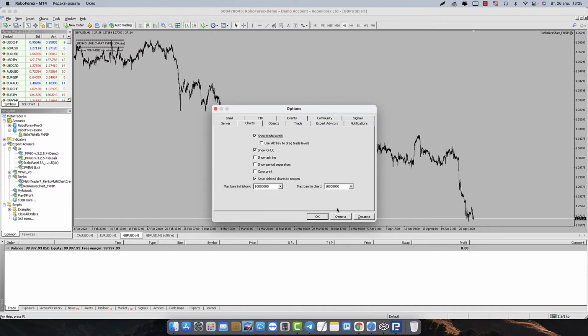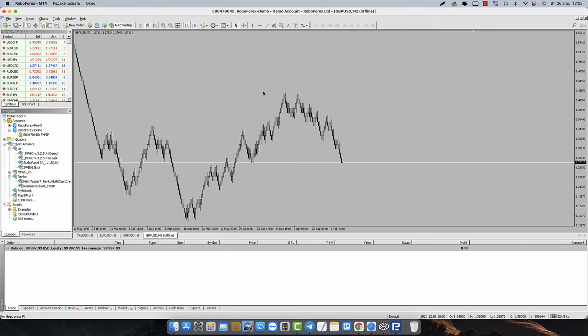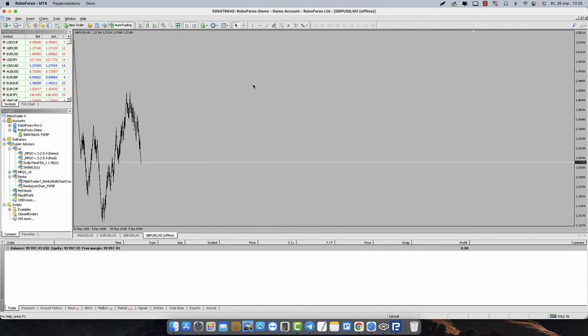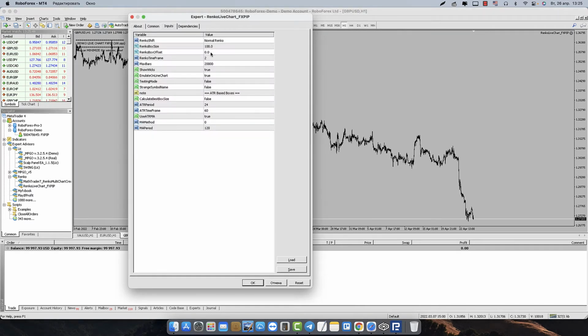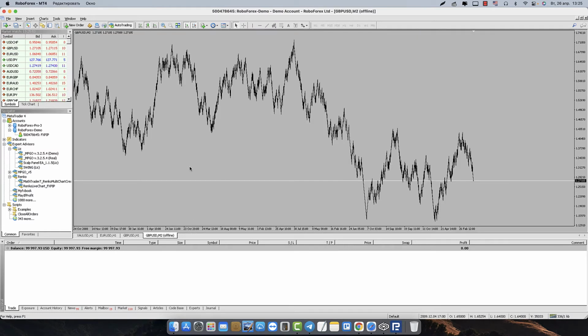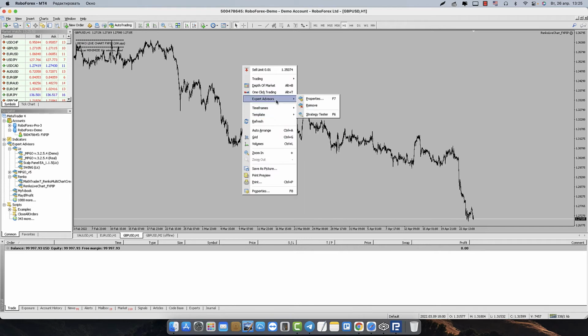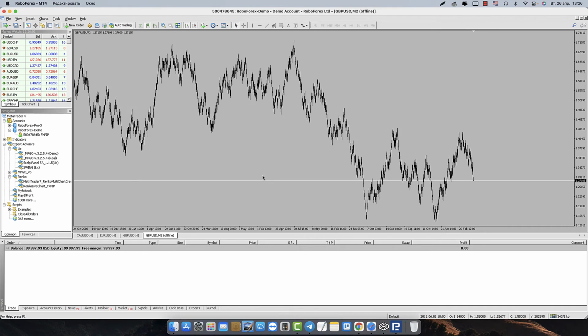Here is all okay. $100,000, okay. Now it's better. See how you can play with Renko bars with this parameter max bars, so it will find you more bars.